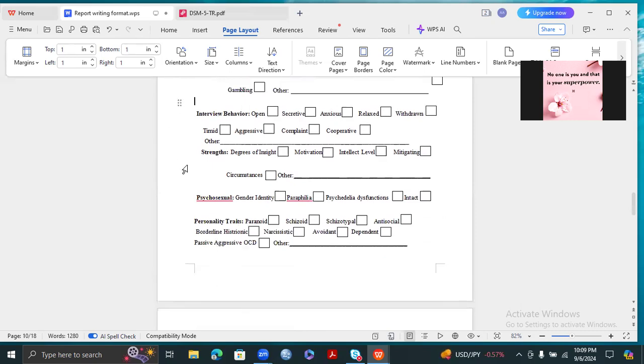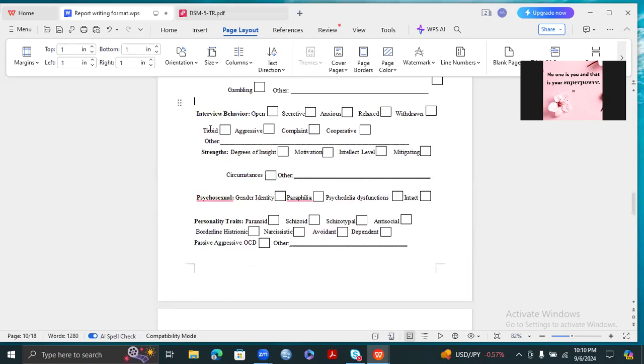Then comes interview behavior. Why is it so important? It's so important because you have to indicate his silence, his resistance, sometimes his defense mechanism. So it would actually help you understand what the therapeutic approach should be for later sessions, right?